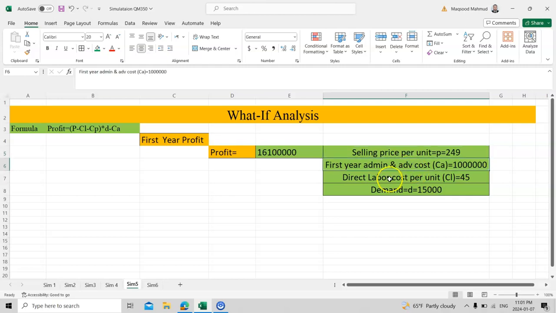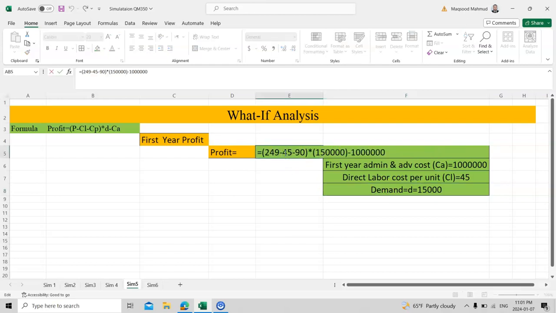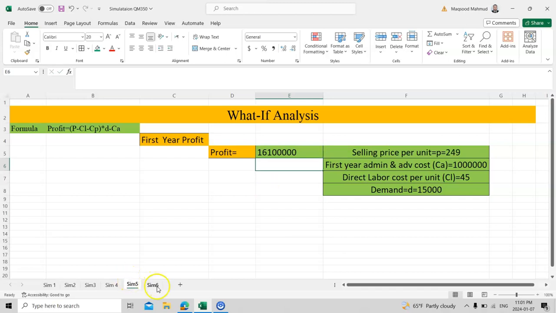The direct labor cost, CL, is $45, and the demand is 15,000, right? If you put these in the same formula, be careful while multiplying, because if you multiply wrongly, you must apply the rule of first brackets, then multiplication and division, and then plus and minus, the BEDMAS rule.